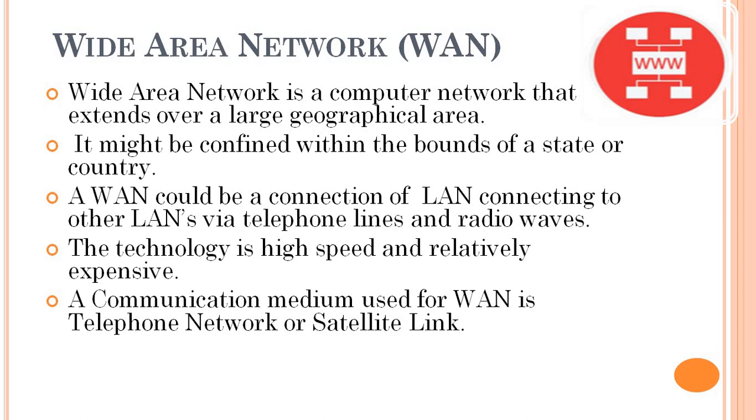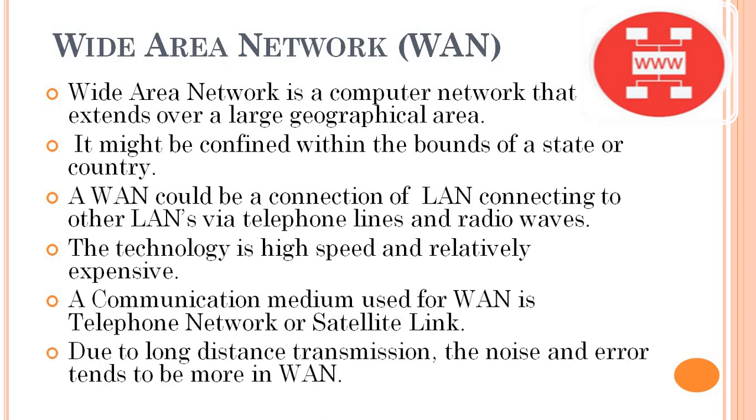A communication medium used for WAN is telephone network and satellite links. So when different computers are communicating in a WAN, they are using telephone networks or satellite links. Due to long distance transmission, the noise and error tend to be more in WAN.